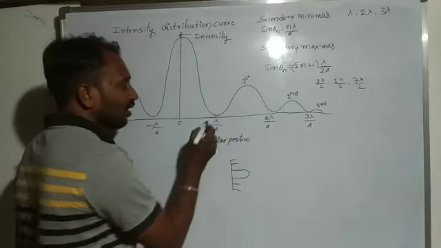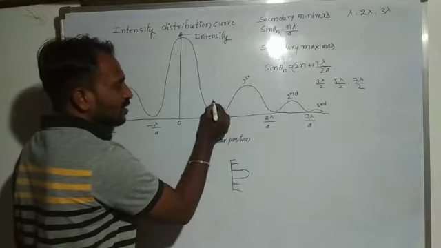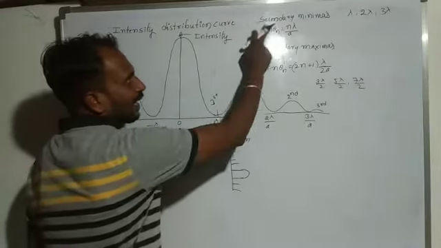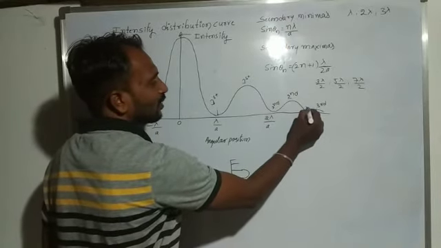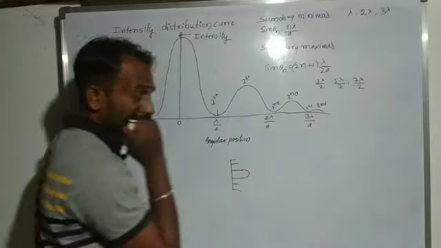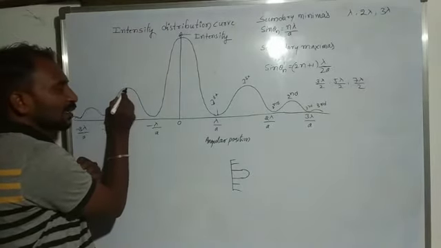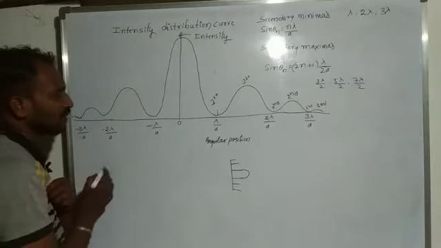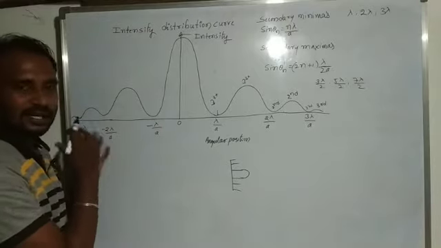The same way for minima: first secondary minima, second secondary minima, and third secondary minima. The same way here also, first, second and third secondary maxima, and first, second and third secondary minima.